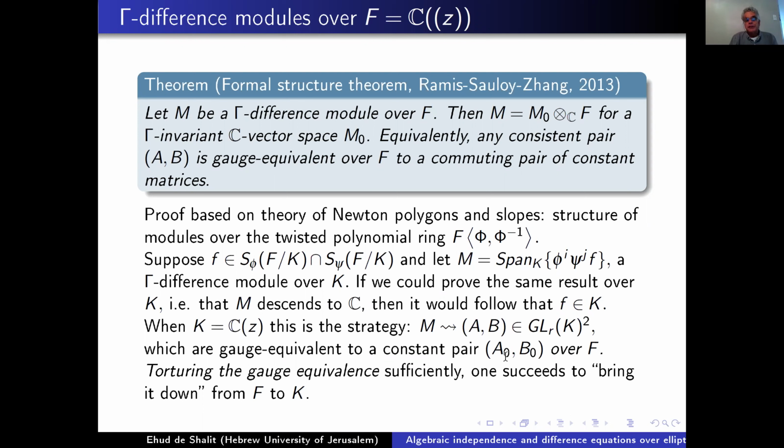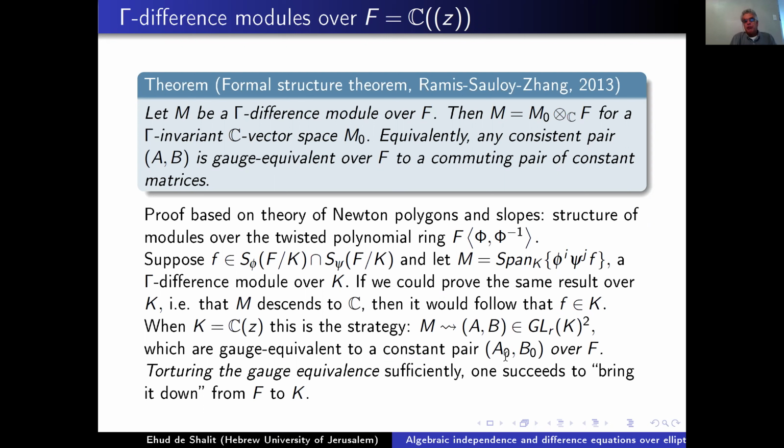You know that over Laurent power series, over this huge field F, they are gauge equivalent to a pair of constant matrices. And then you start torturing the gauge equivalence, the matrix that gives you by twisted conjugation this gauge equivalence, and you prove, as I said before, by this method of analytic continuation and overcoming the natural boundary, that you can assume eventually that this matrix is not only in GL_r(F), but in GL_r(K).